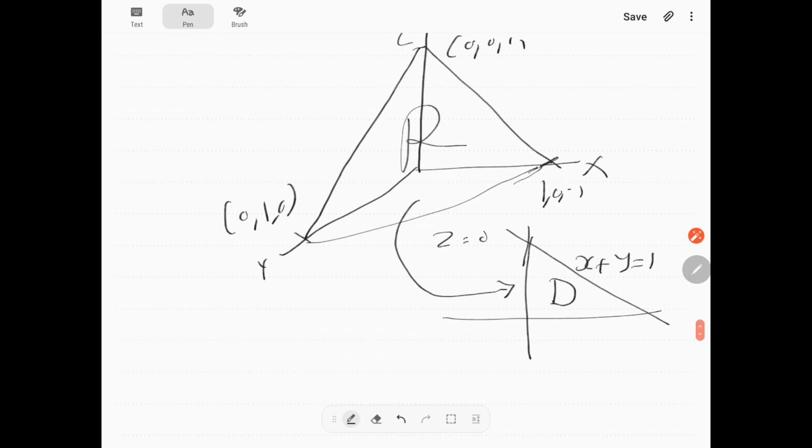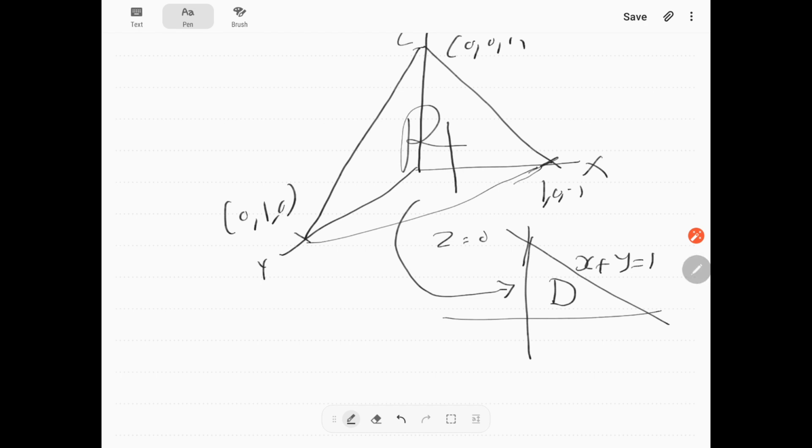As I asked you to imagine a plank landed at the corner of a room, inside the tetrahedron, if you place a cylinder-like thing, then the base will be on the floor, which is the xy plane, z is 0, and the top will touch the surface x plus y plus z is equal to 1.